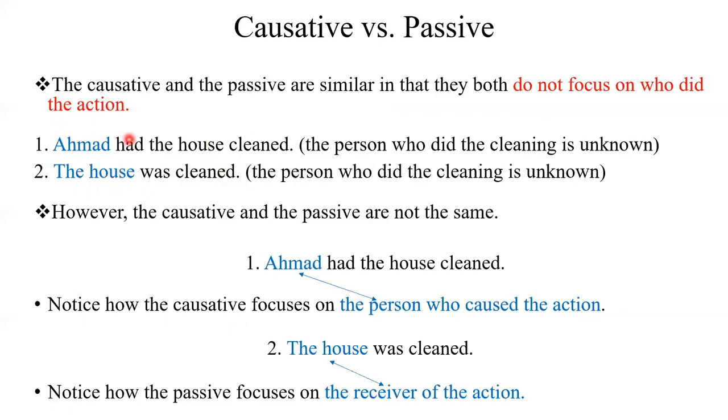You know that the focus of attention is always the subject. So when I focus on the cause or I focus on the receiver in the causative sentence or in the passive sentence, that means I am not focusing on who did the action. So this is the similarity. This is how they're the same.